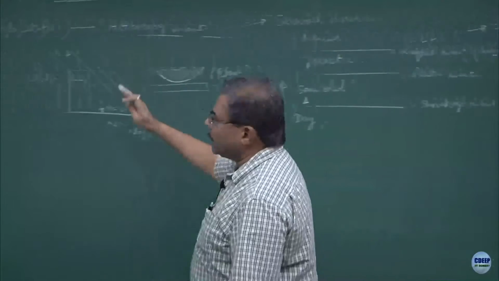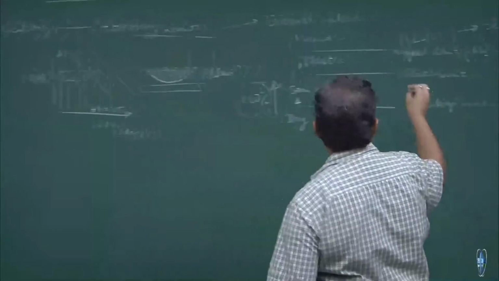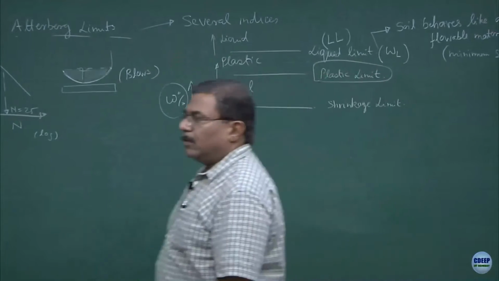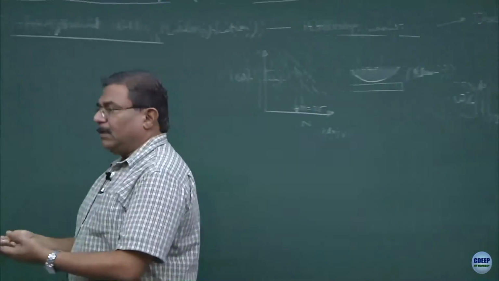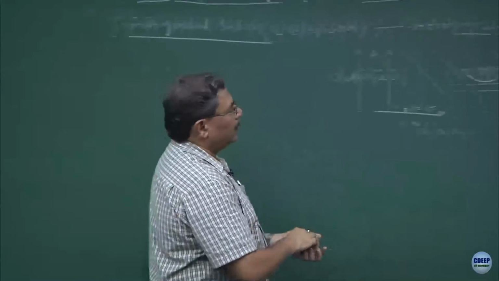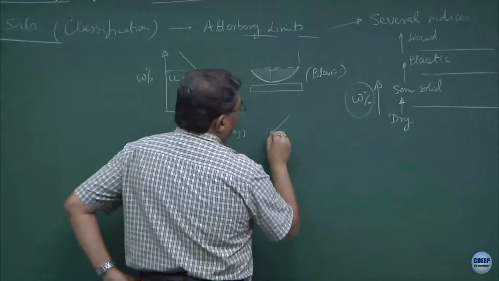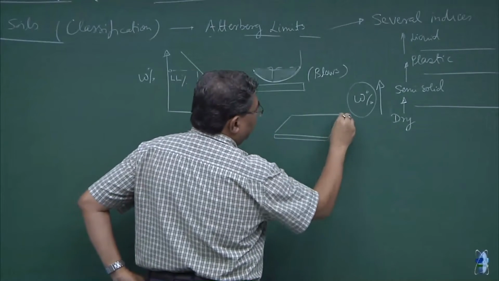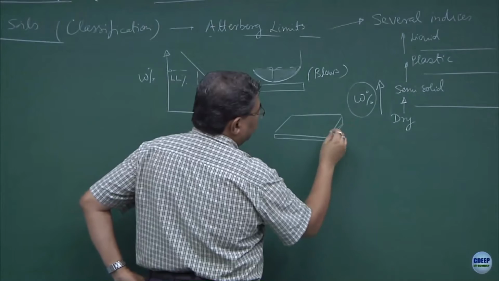So, this is the liquid state of the material. The next state is the plastic limit. What we do is take the soil, add water and roll it on a plate made up of glass sheet.